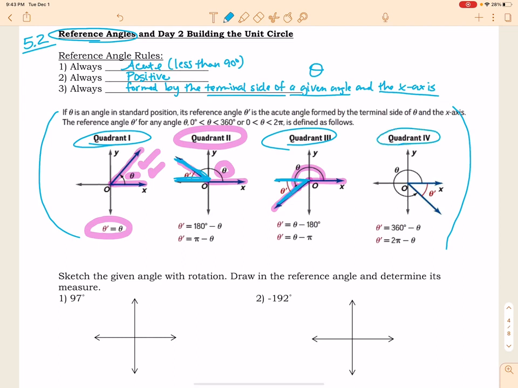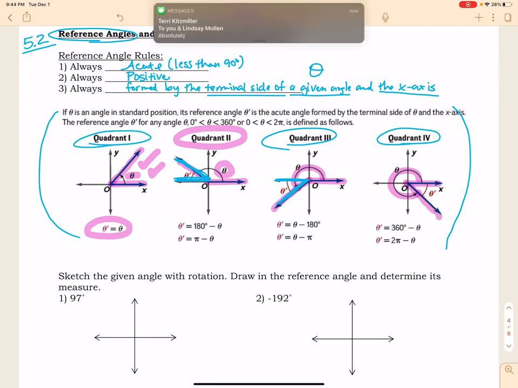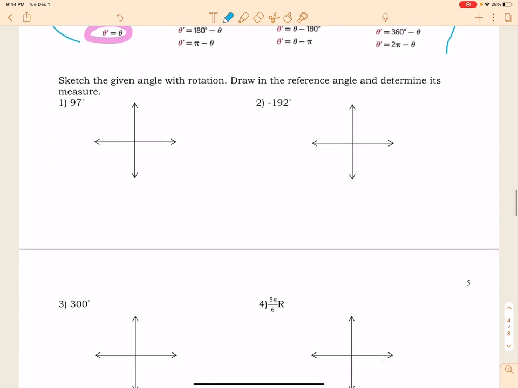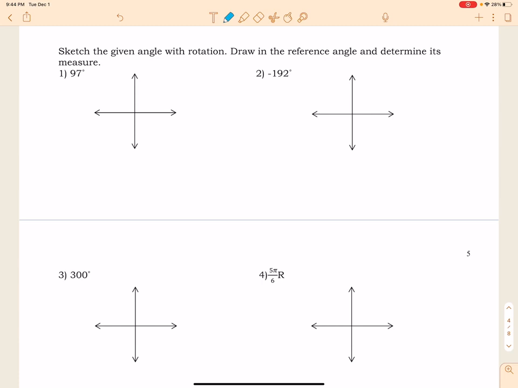Okay, what if we're in quadrant 4? Well, that means our initial angle went all the way around here, and now our reference angle is going to be right there. Beautiful.